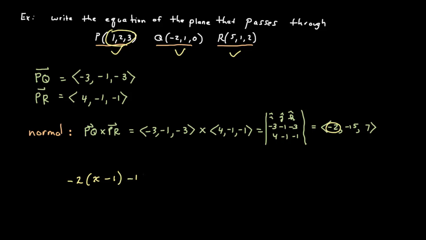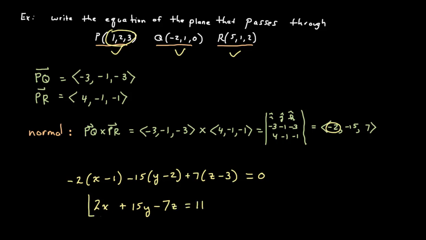Then I have -15 times y minus 2 plus 7 times z minus 3, and I have to remember that this equals 0. So there is the equation of the plane. Putting this into standard form, ax plus by plus cz equals a constant with the leading coefficient positive, I have 2x plus 15y minus 7z equals 11. And there we have the standard form equation of the plane that passes through those three points.